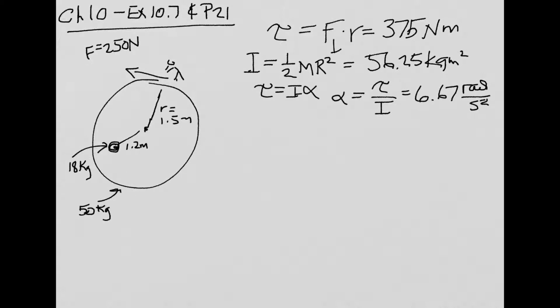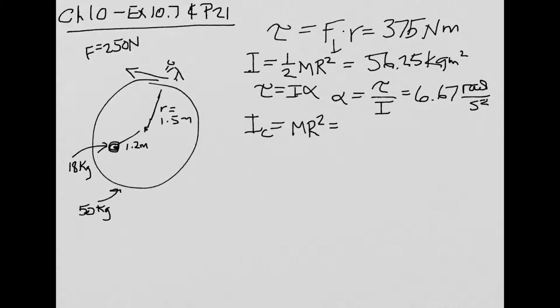We also want to know what happens when we change this problem and we put a child on the merry-go-round. So in this case, we're going to add the I of the child. This is considered as a point mass, just a mass that's acting at a point, and so its moment of inertia is mr squared, the mass of the child times the radius of where they are relative to the axis of the merry-go-round.